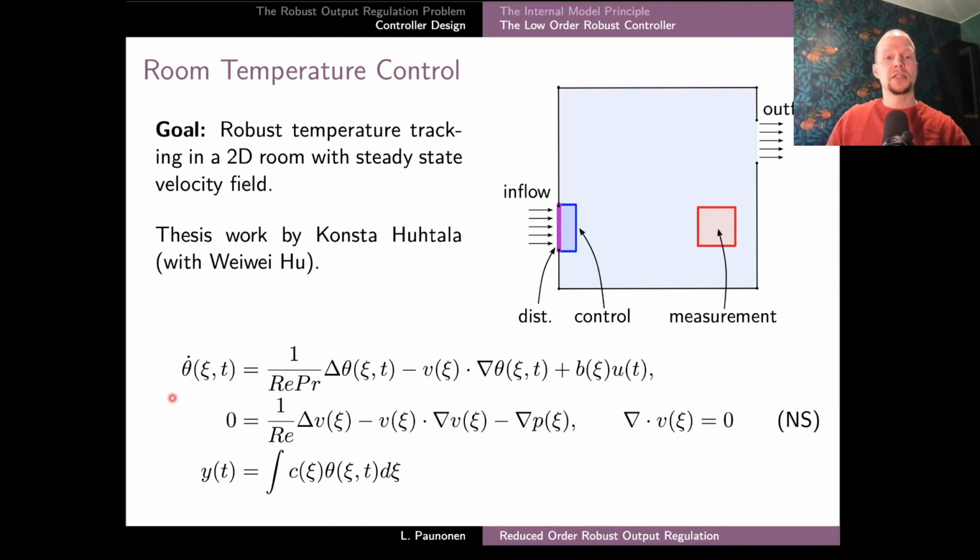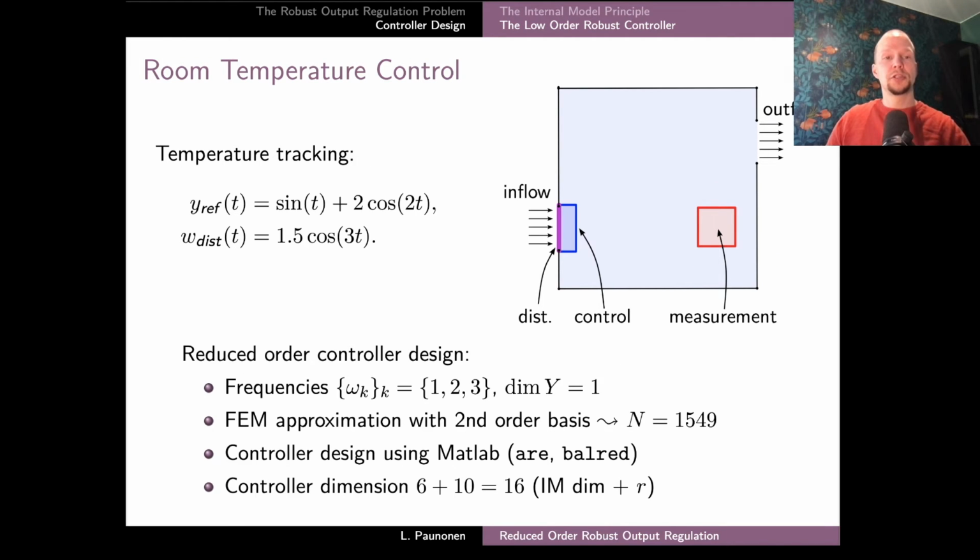In this case, the temperature can be modeled by a diffusion convection equation on the first line with the control input, and the velocity field V is determined by the incompressible steady-state Navier-Stokes equations on the second line. Finally, the temperature measurement is the average integral over the red square.